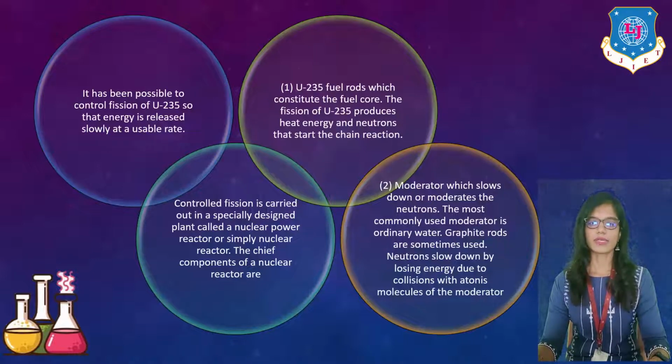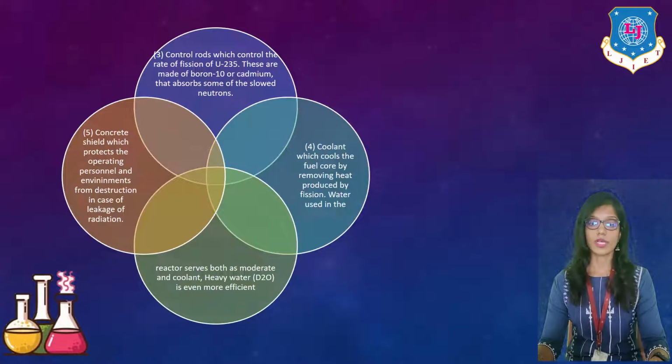The third one is the control rods, which control the rate of fission of uranium-235. These are made of boron-10 or cadmium, which absorbs some of the slowed neutrons.